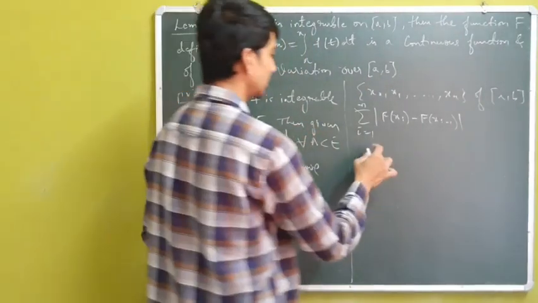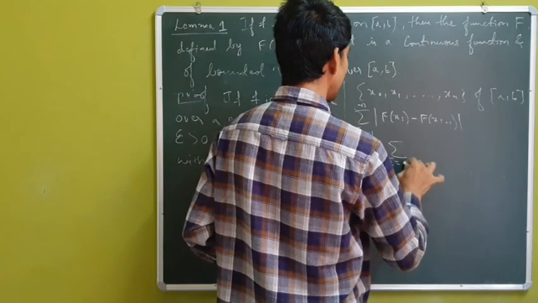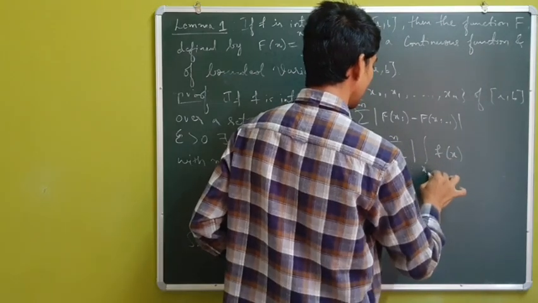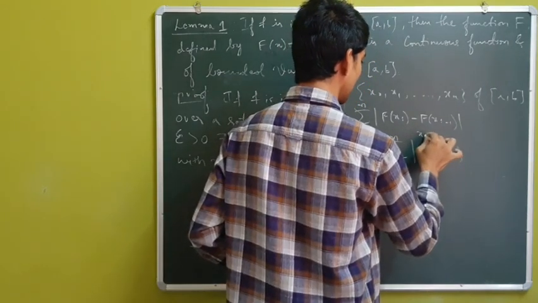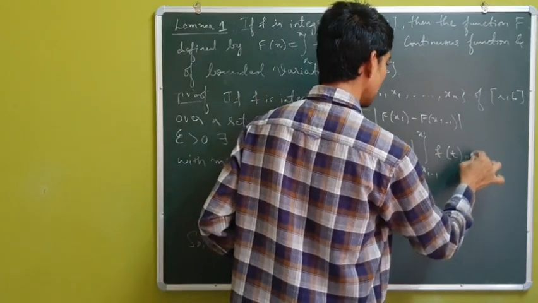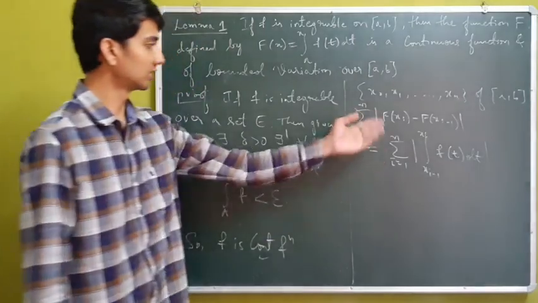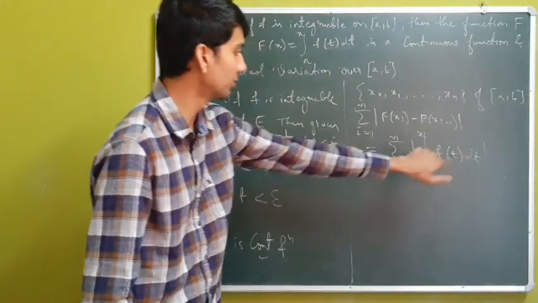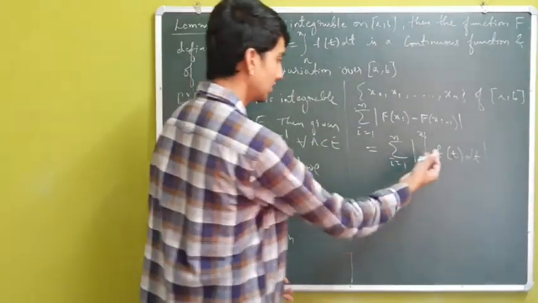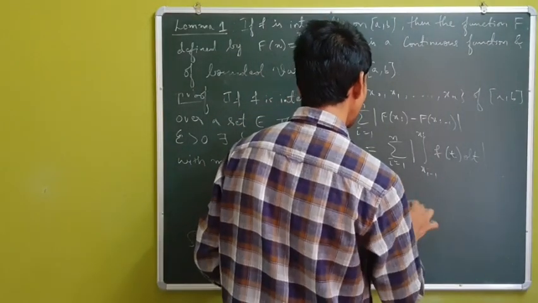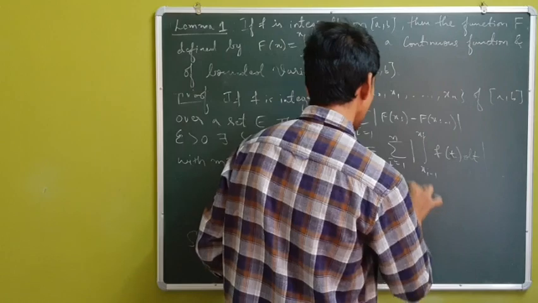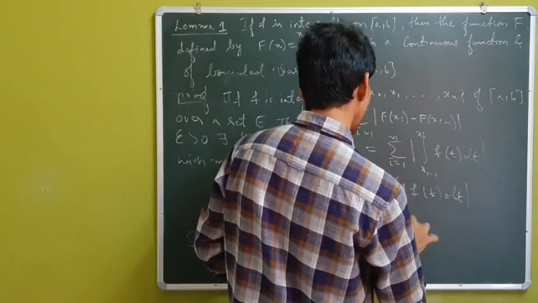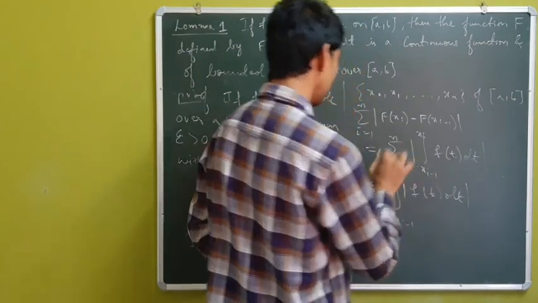And if you observe, this is the same as the summation i from 1 to n of mod of the integral of f of t dt from xi minus 1 to xi, and this is clearly less than or equal to the integral of mod of f of t dt, again from xi minus 1 to xi.